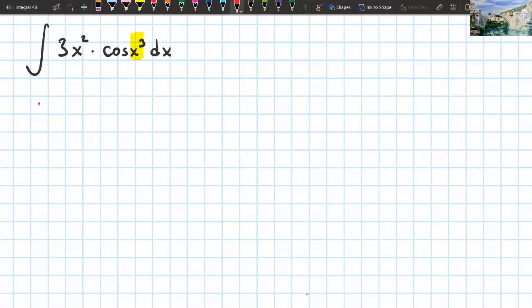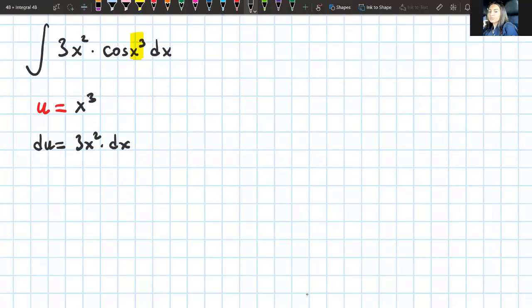Let me write u here now. u is equal to x cubed. Second step. Who will tell me the second step? Take the derivative of u. So I will write it quickly: du will be equal to 3x squared times dx. Okay, I got du.